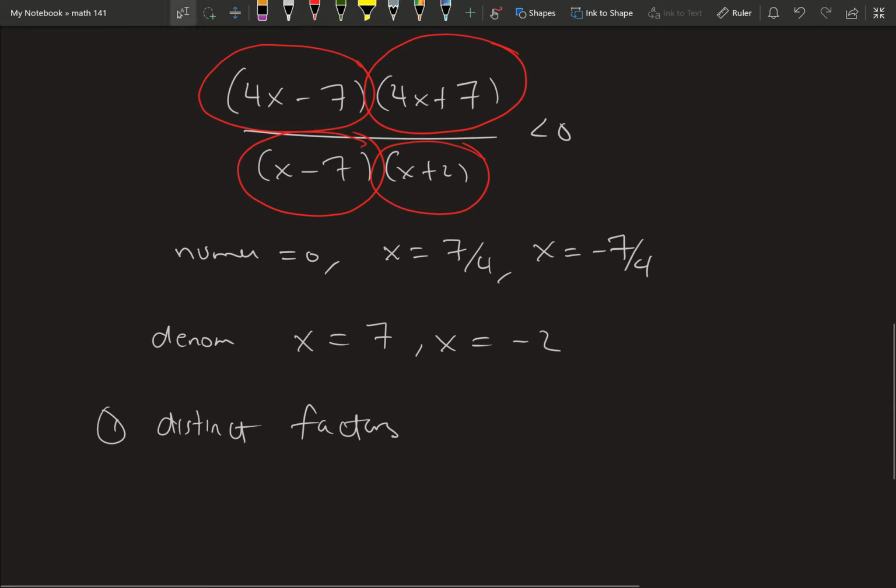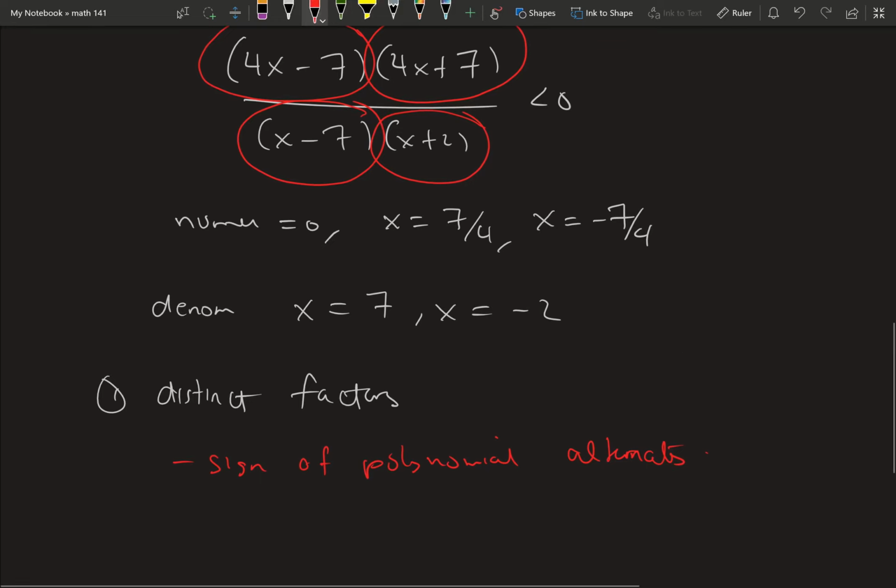When we have these distinct factors, the sign always alternates. So the sign of this polynomial always alternates. All you need to do is plug in one of the values.